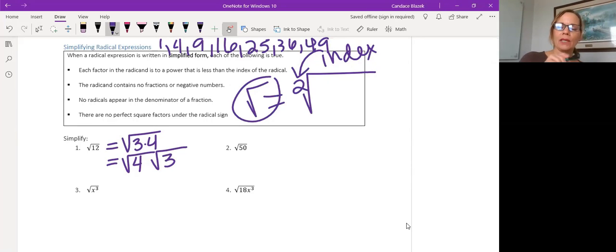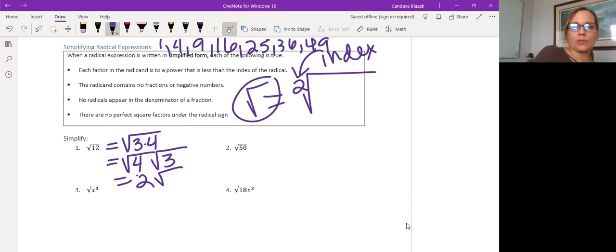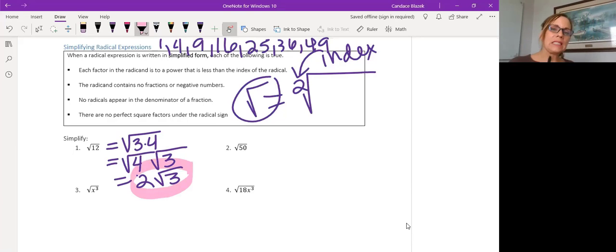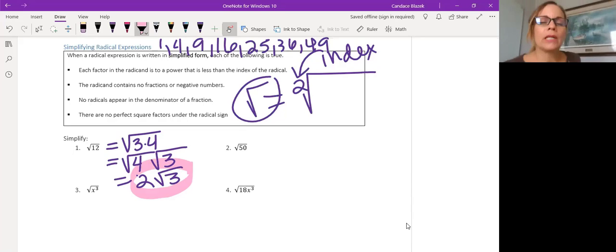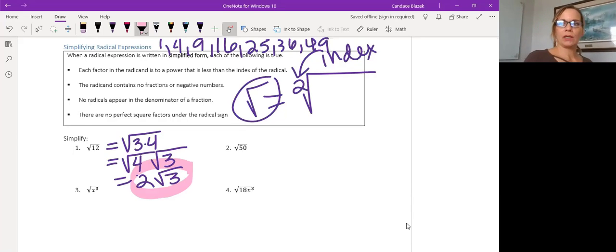Because of that product property for radicals, I can take the square root of 4. It is a 2. I cannot take the square root of 3, so I leave it alone. This is my answer, so that is it in its simplest form. Instead of writing the square root of 12, we write 2 times the square root of 3.